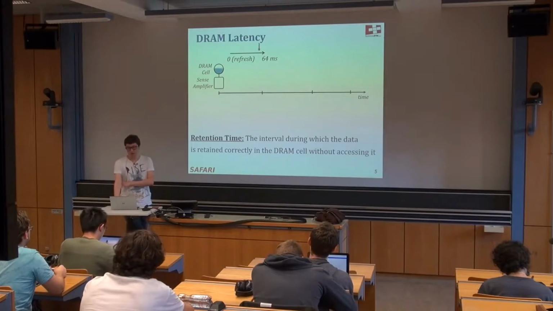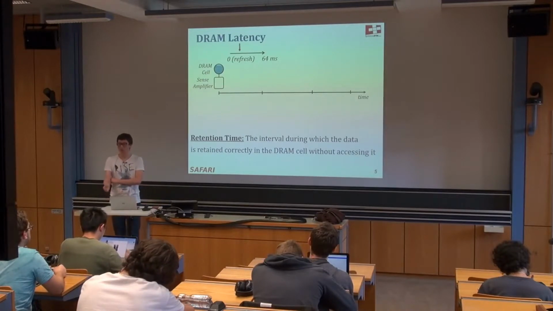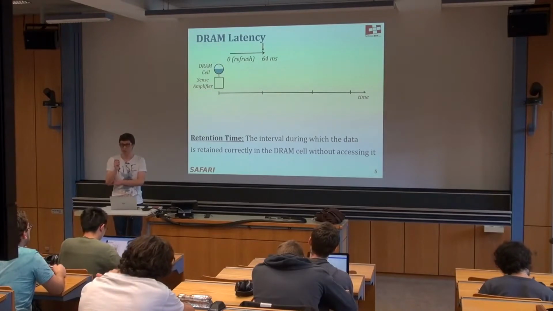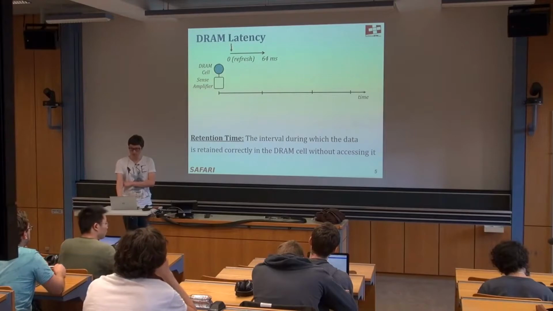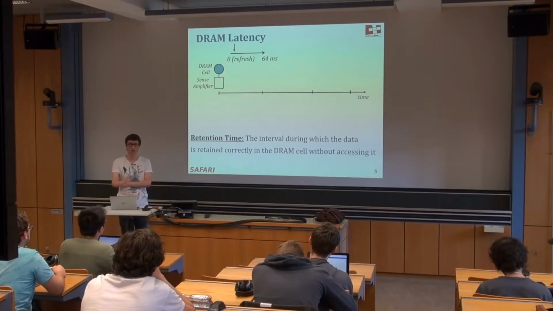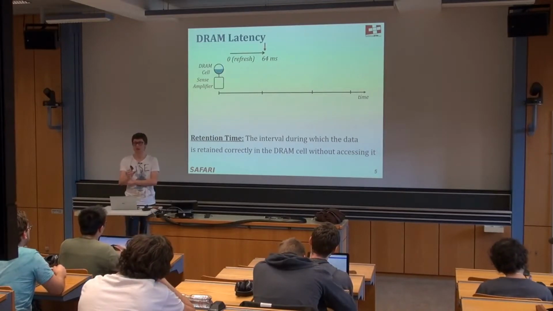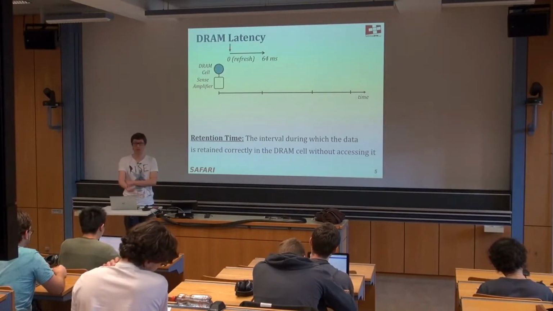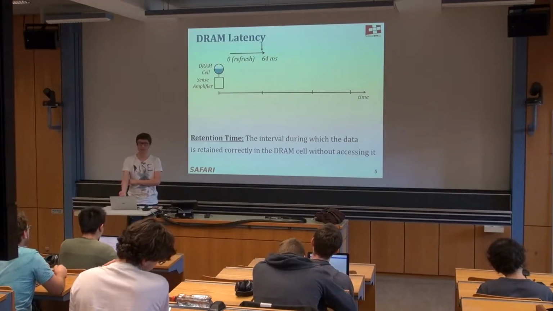We define the time interval during which the data can be retained correctly in a DRAM cell as the retention time. Here in this case, it seems like the retention time of this cell is 64 milliseconds, right? But it doesn't have to be. We have a guard band over there. So maybe most of the cells in a DRAM chip can retain data for much longer than 64 milliseconds, right?